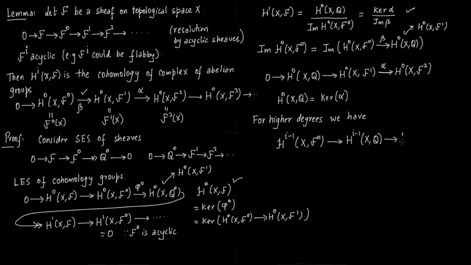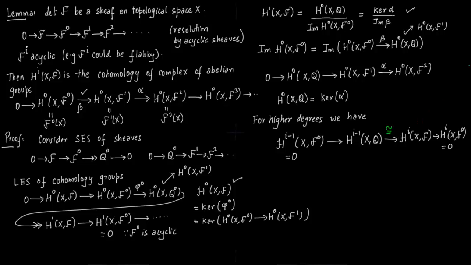You apply the long exact sequence of cohomology groups onto it. So I should start with F, F0, Q0 and then increase the index to H(X, F), H(X, F0) and so on. These two groups are 0 because again F0 is acyclic. So H^i(X, F) and H^(i-1)(X, Q) are isomorphic.